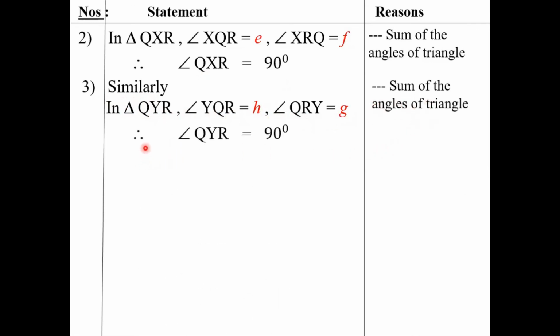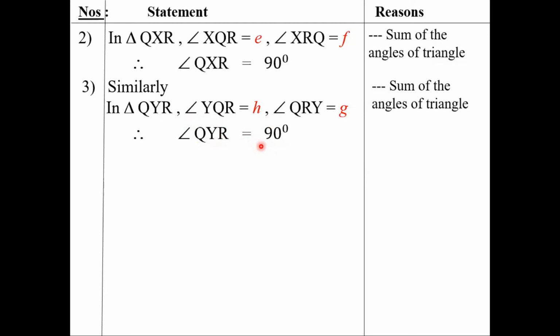So angle QYR also we are able to get as 90 degree. With the help of the above, we can directly write similarly here. So again, you get QYR as 90 degree. Now, in this way, we are able to get angle X as well as angle Y. These are the opposite angles, and 90 is the value over there.